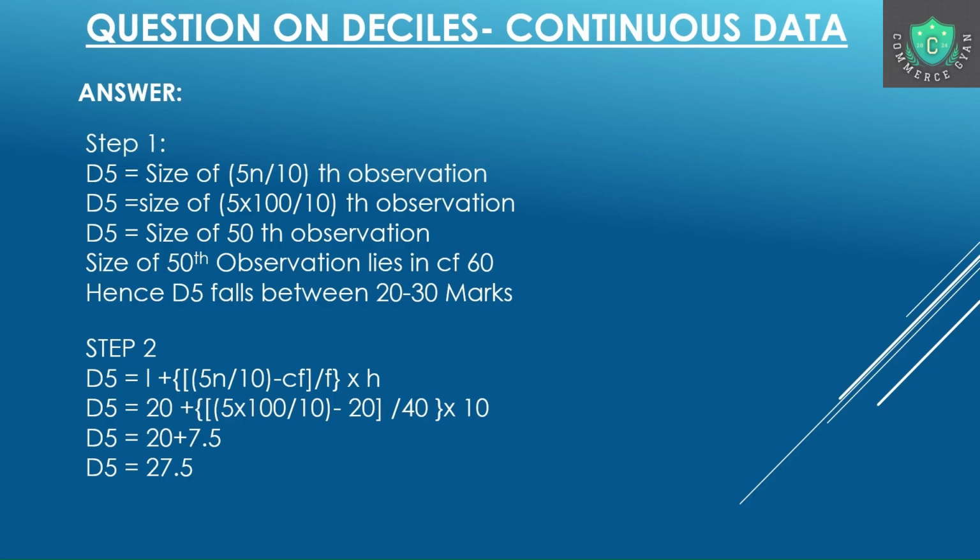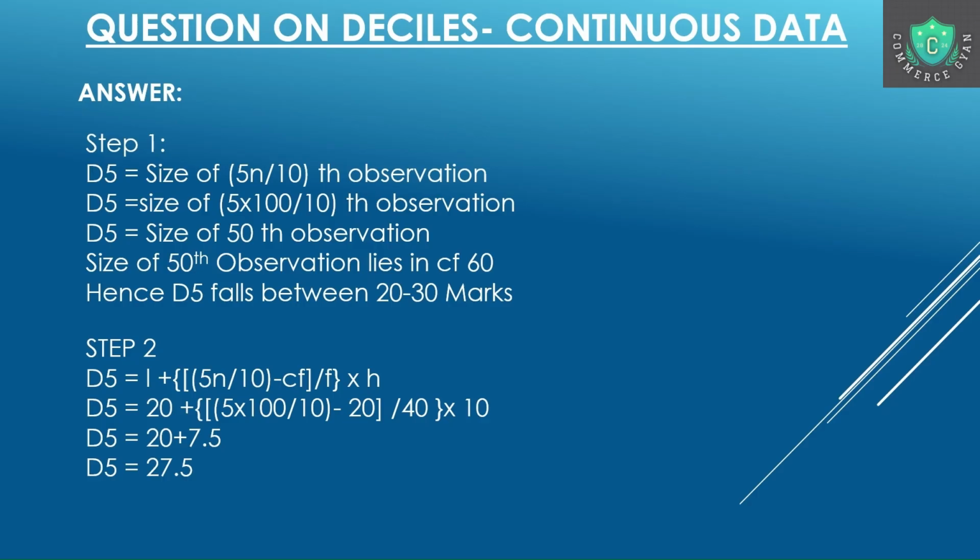So I subtract 20 and divide by 40. 40 is what? The frequency of the decile class. The frequency of the decile class is 40, number of students 40. Into 10. 10 is the difference between 20 and 30. So 30 minus 20, which is into 10. So 20 plus, solve that equation, 7.5 it comes to. So decile 5 is 27.5, right?